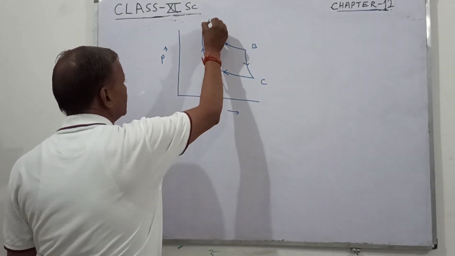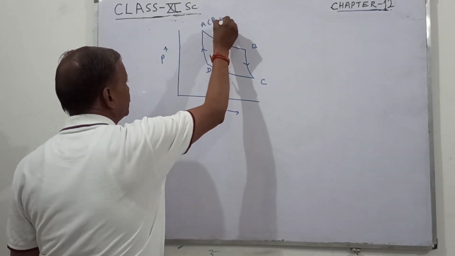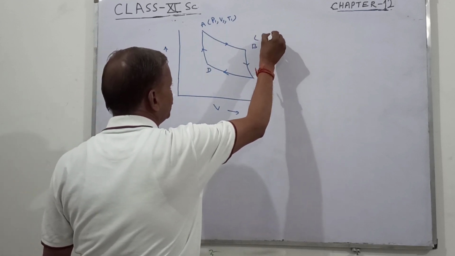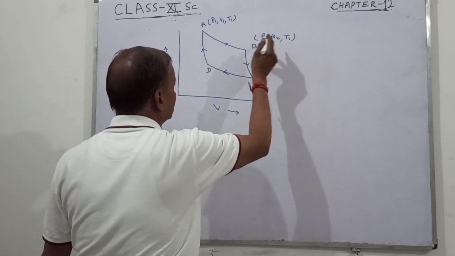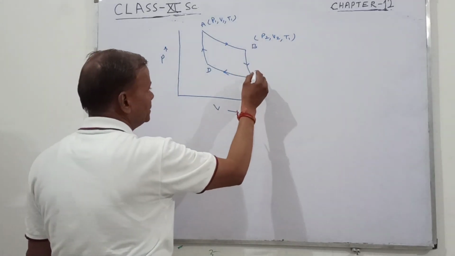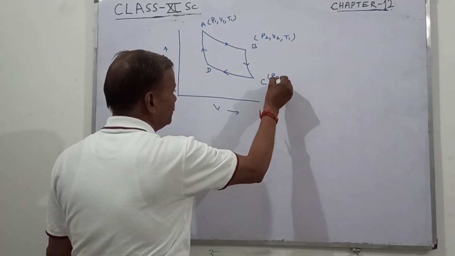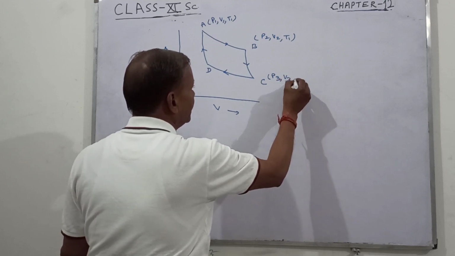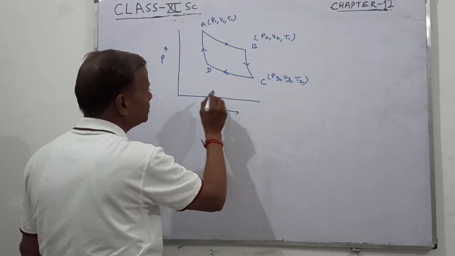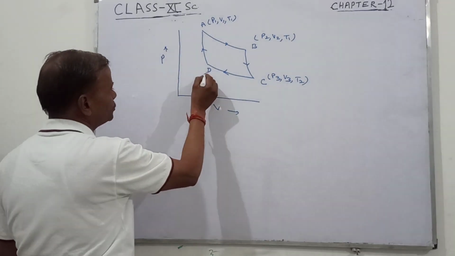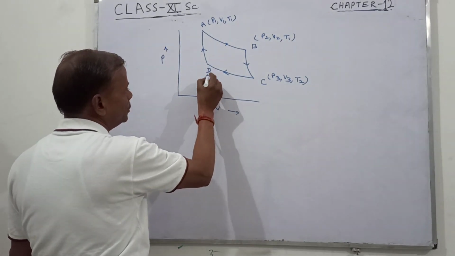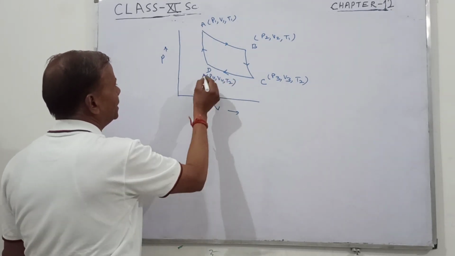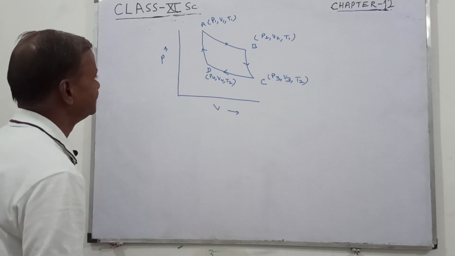So here P1, V1 and T1, here P2, V2 and T1 isothermal, and this is your P3, V3 and T2 adiabatic, and then isothermal. So this is your P4, V4, T2, and then goes like this.